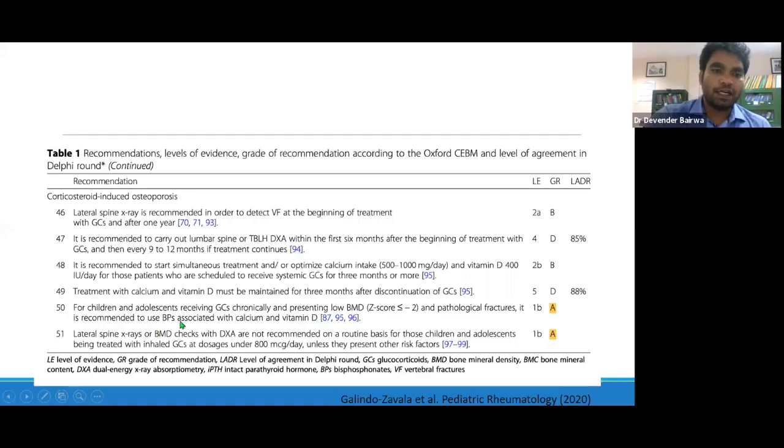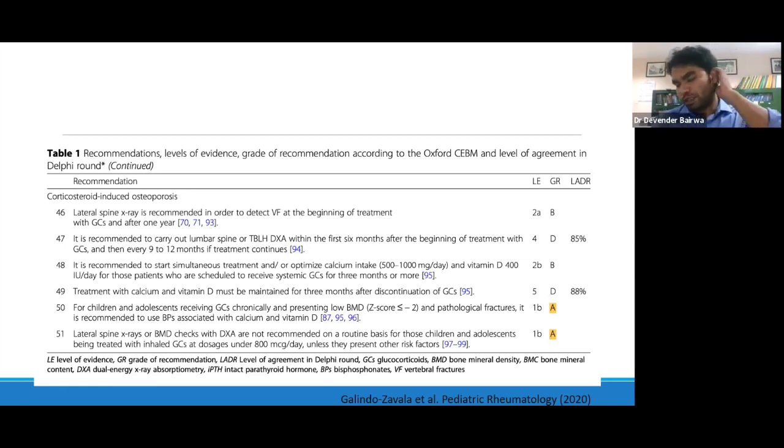For children and adolescents receiving steroids chronically and presenting with low bone mass, that is Z-score less than -2 plus one osteoporotic fracture, it is recommended to use bisphosphonate associated with calcium and vitamin D. Then lateral spine X-rays or BMD checks with DEXA are not recommended on a routine basis for those children and adolescents being treated with inhaled corticoids at doses less than 800 microgram per day, unless they present other risk factors.